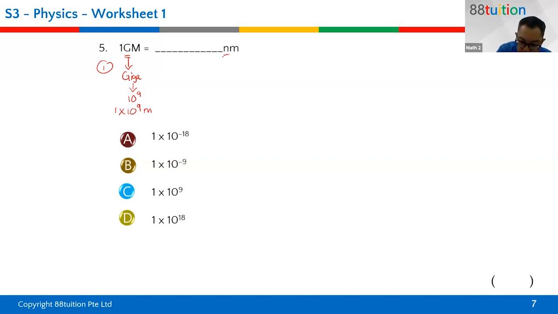N stands for nano. And nano is 10 power minus 9 meters. So 1 nanometer will be 1 times 10 power minus 9.